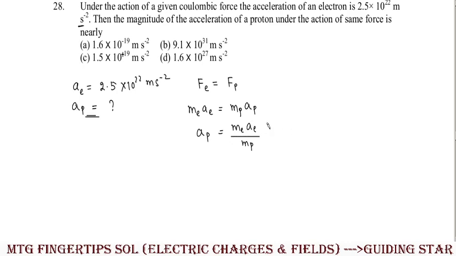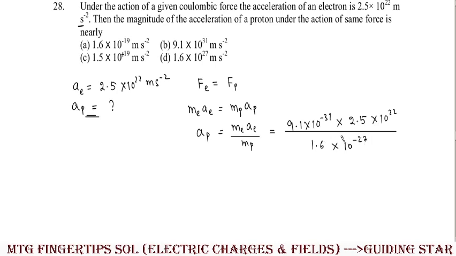So finally, if we put all these values: mass of electron is 9.1 into 10 to the power minus 31 kg, acceleration of electron is given, that is 2.5 into 10 to the power 22, divided by mass of proton. Mass of proton is 1.6726 into 10 to the power minus 27.